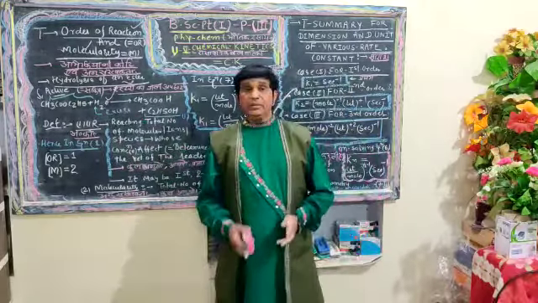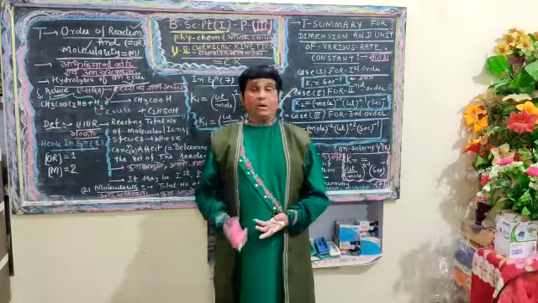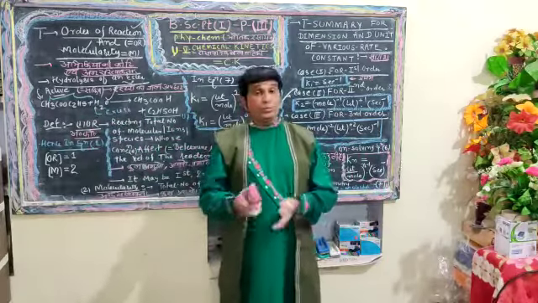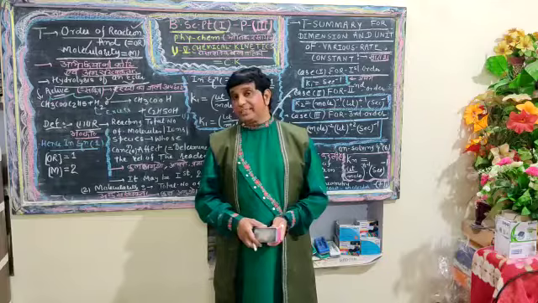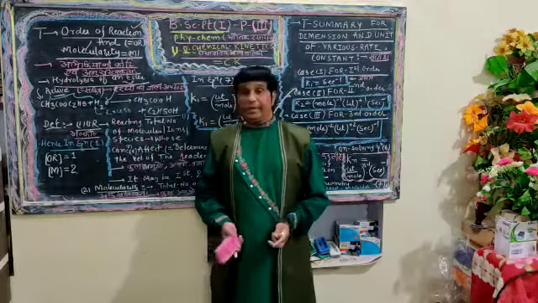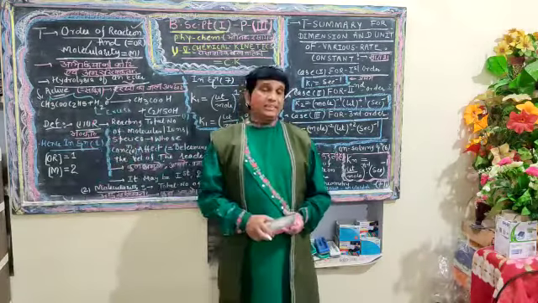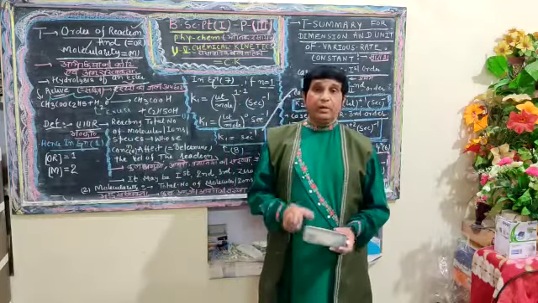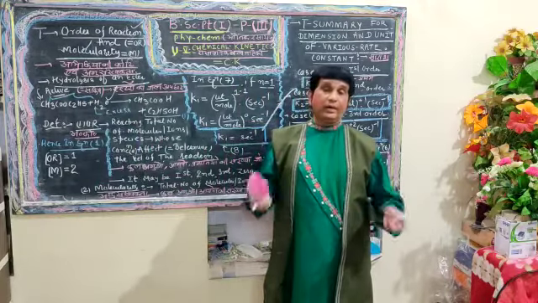I mean to say the low concentration of ethyl acetate influences the velocity of the reaction, whereas the excess concentration of H2O does not influence the rate of the reaction.